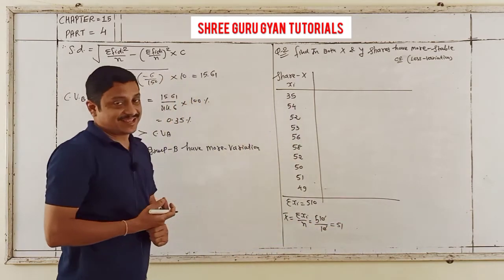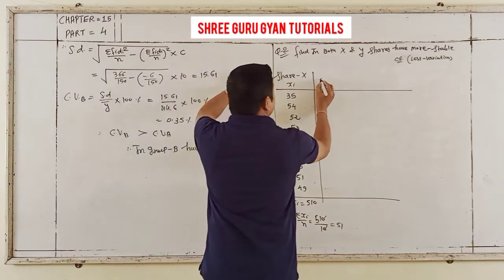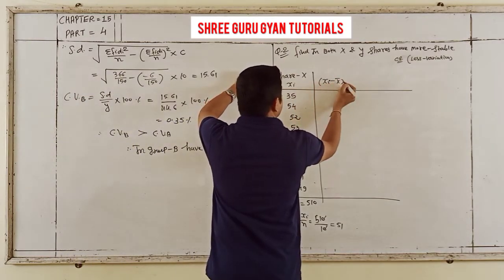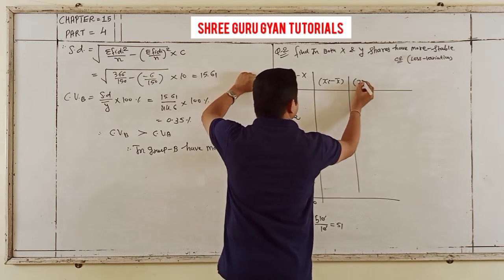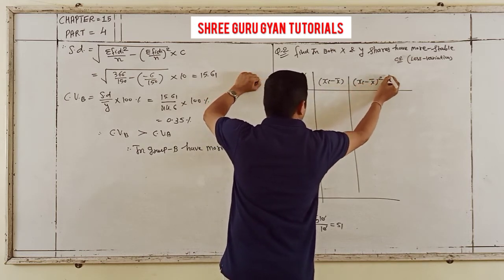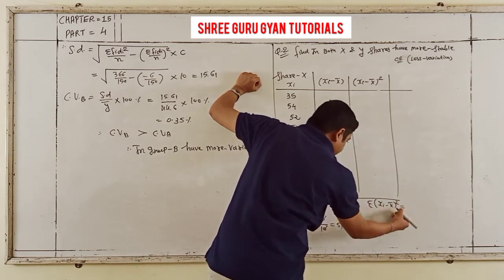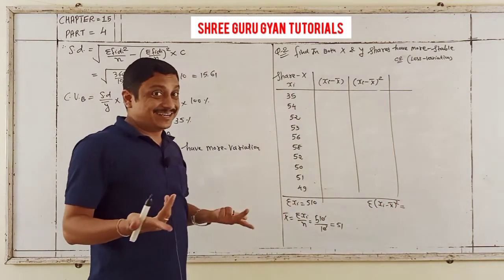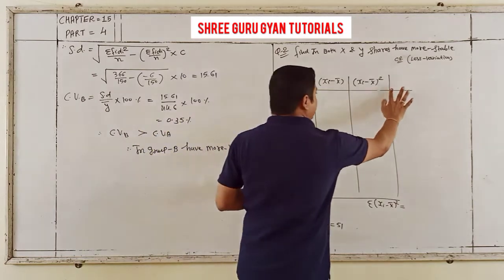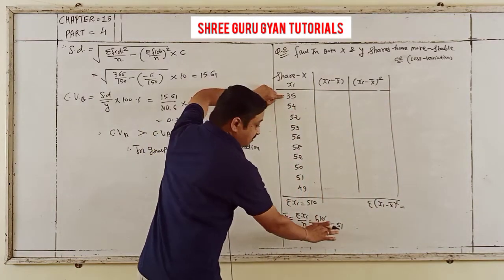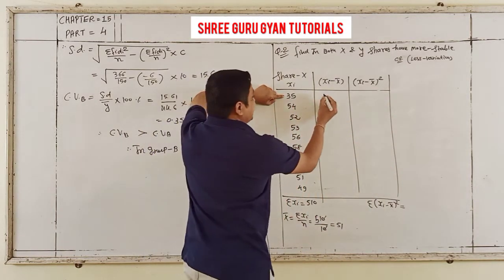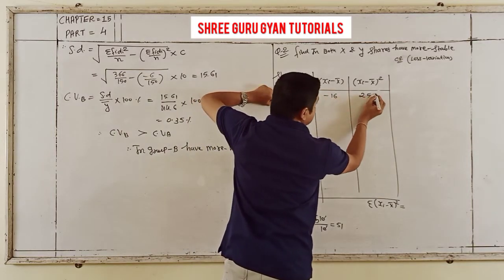That's your xi. Now very easy, xi minus x bar, and thirdly xi minus x bar whole square, and that you decide our direct-method standard deviation. So these are subtractions. 35 minus 51, which is minus 16, square 256.